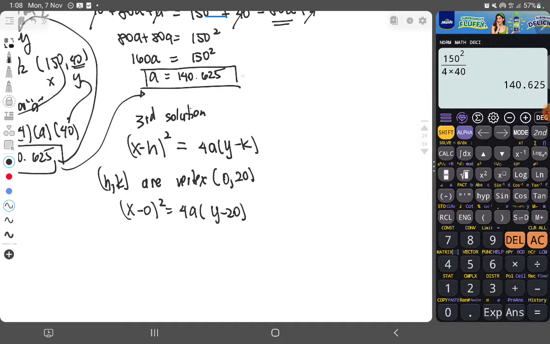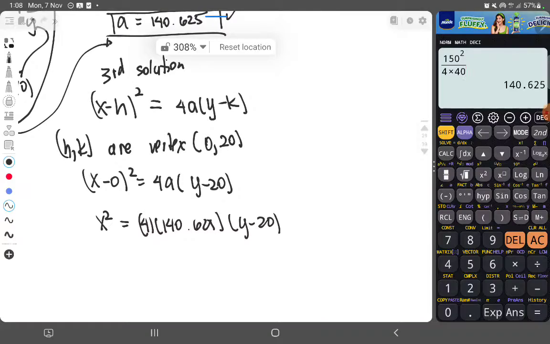Okay, wherein our a is also equal to 140.625. So from here we'll have x square, which is equal to 4 multiplied by 140.625 multiplied by y minus 20.